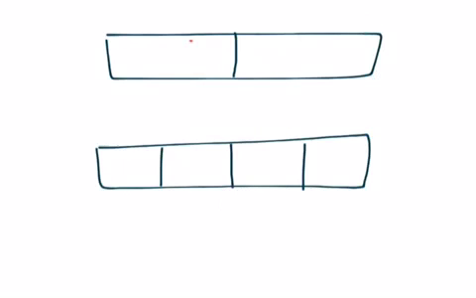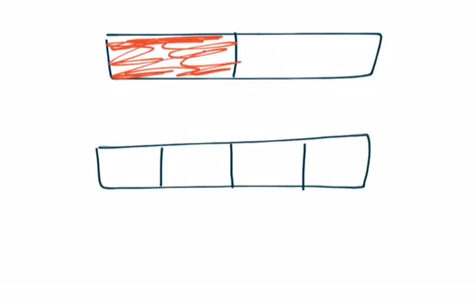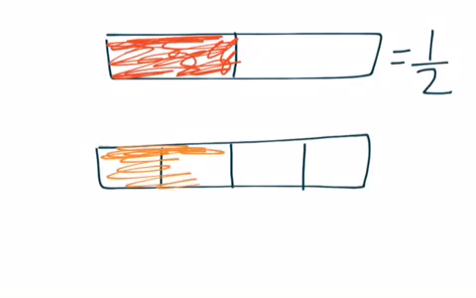If we were to shade 1/2 of this fraction bar, we would have 1 piece shaded out of 2, 1/2. And over here, if we were to shade 2 pieces of this fraction bar, we would have 2 pieces shaded out of 4.